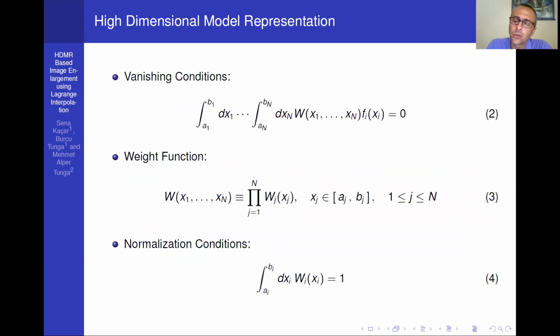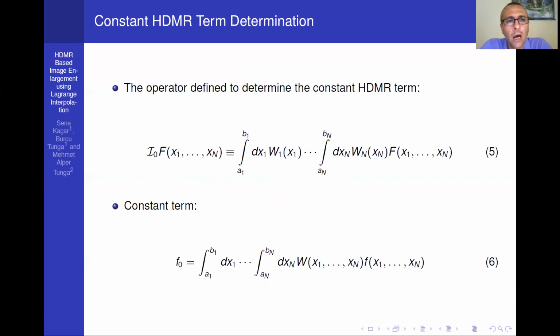To uniquely determine these right-hand side components, we define some vanishing conditions, which are also orthogonality conditions on the HDMR components. These vanishing conditions are defined under a weight function, which is a product type weight. We also define some normalization conditions in order to simplify the general structures of these HDMR components.